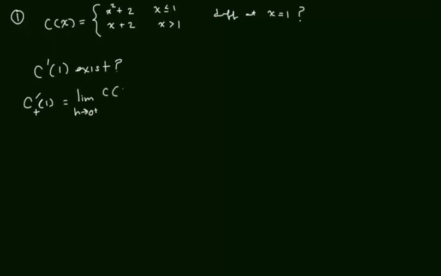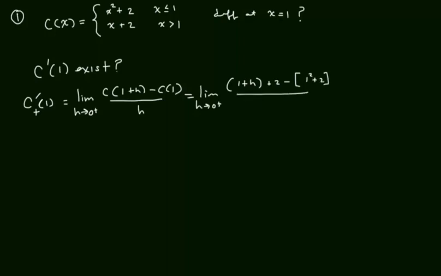We use generic c of 1 plus h minus c of 1 all over h, which equals the limit as h goes to 0 from the right of 1 plus h plus 2 minus 1 squared plus 2 all over h.